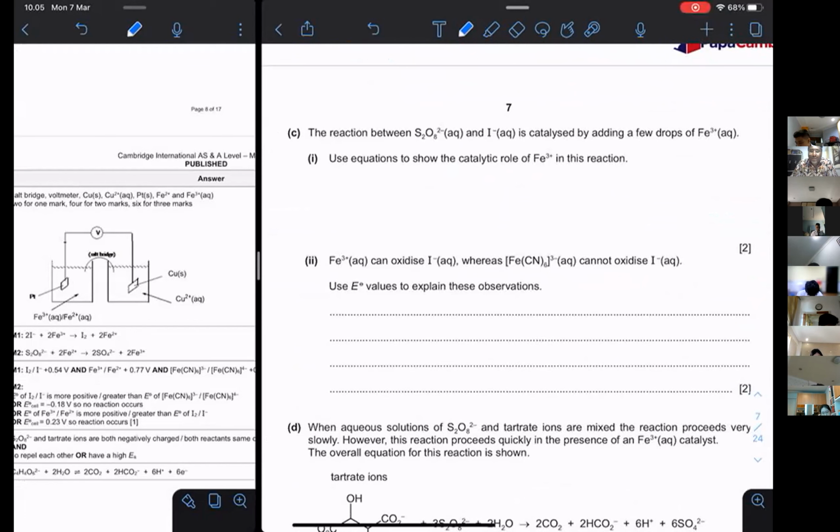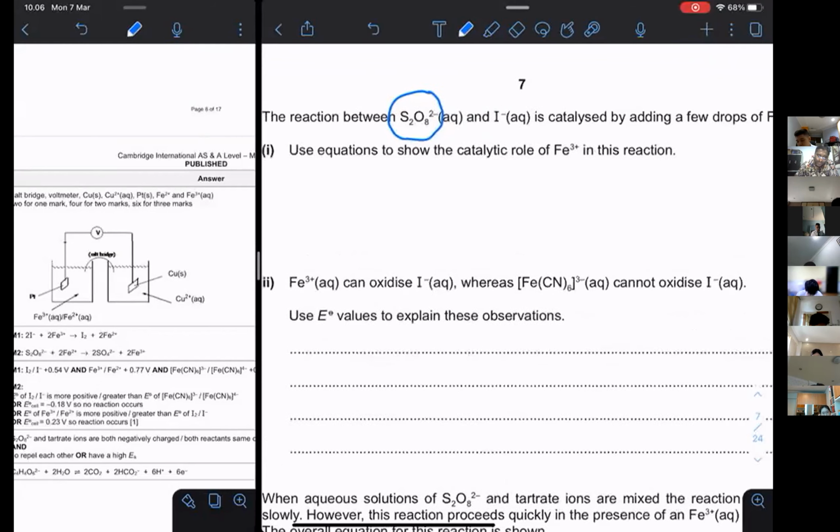Why? Because if you do not know what will happen to S2O8, you can still refer to the data booklet and guess. But now, because of the new syllabus, I will ask you to memorize, or to be independent on what will happen.